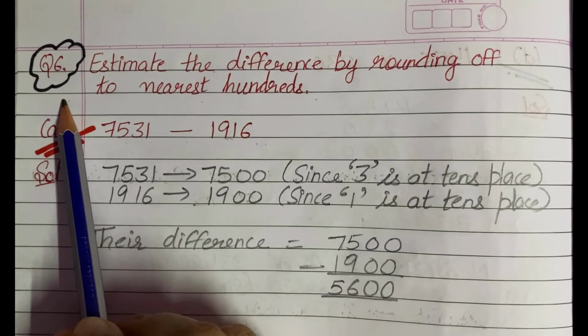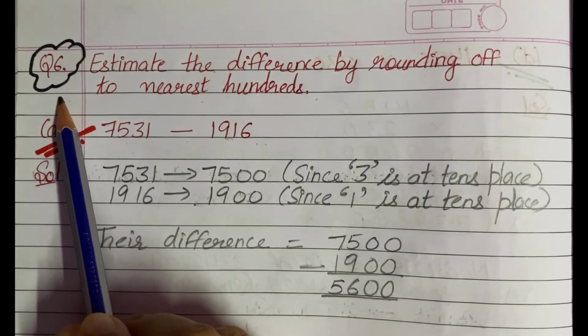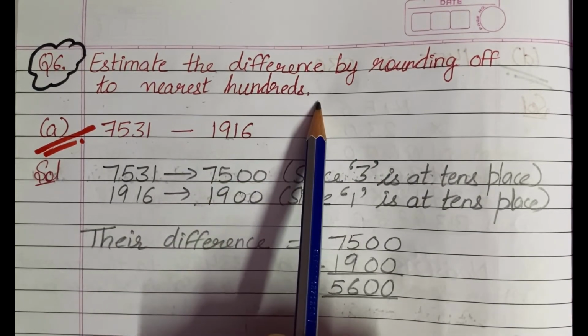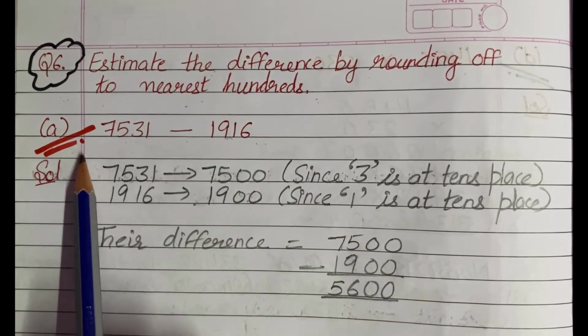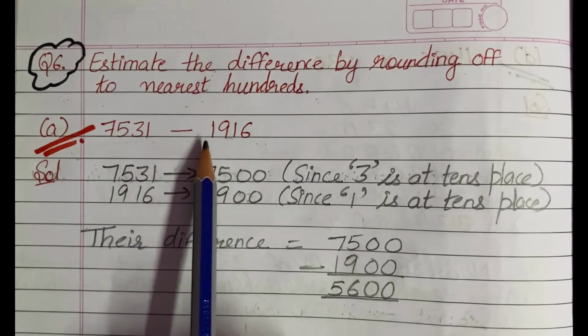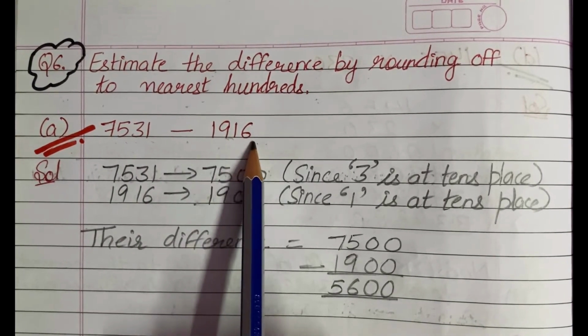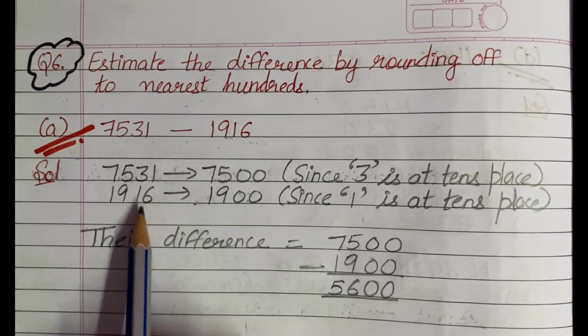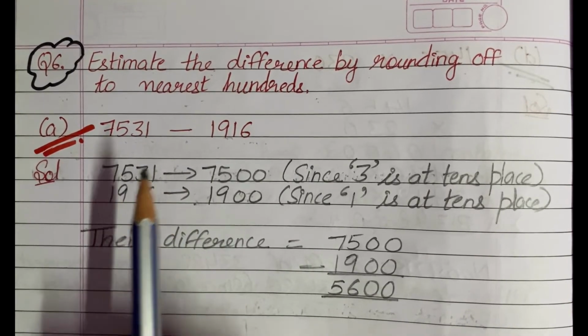Next is question number 6, and question number 6 says that estimate the difference by rounding off to the nearest hundreds, and A part says that 7,531 minus 1,916. Now students, here first of all we will round off the given numbers to the nearest hundreds.